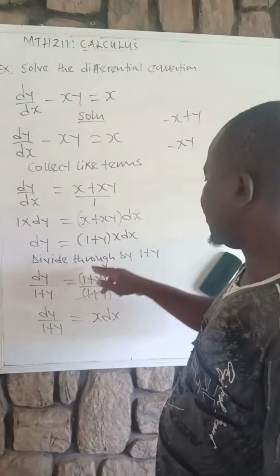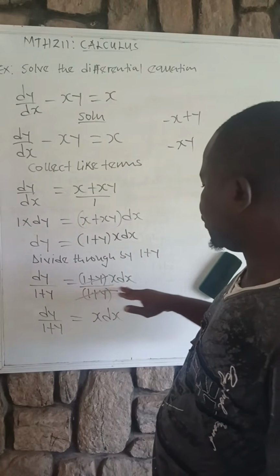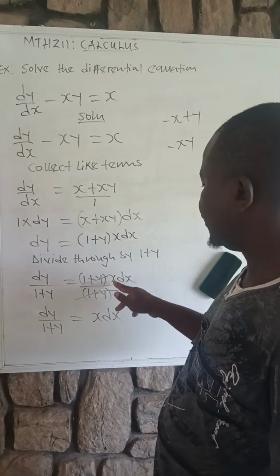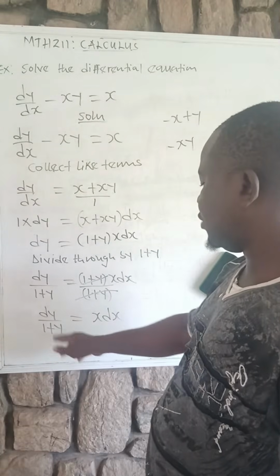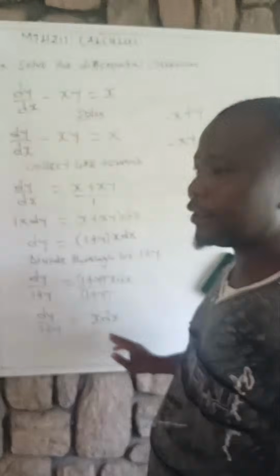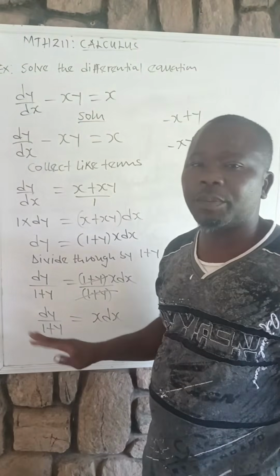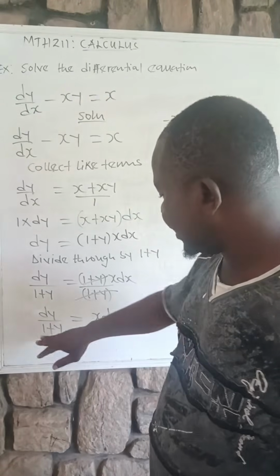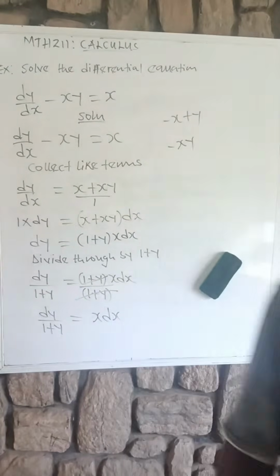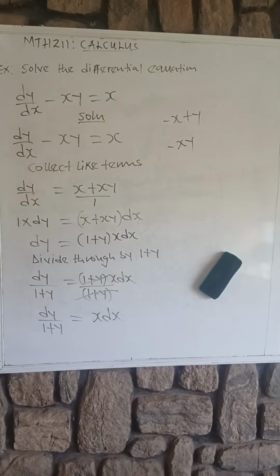So when you divide through by 1 plus y, this and this will cancel to give us what? X dx. Then finally we are going to have dy over 1 plus y equals to x dx. So we are able to what? Separate the variables, true or false, and that is where we can integrate both sides. True or false? Do you understand now? Yes or no?